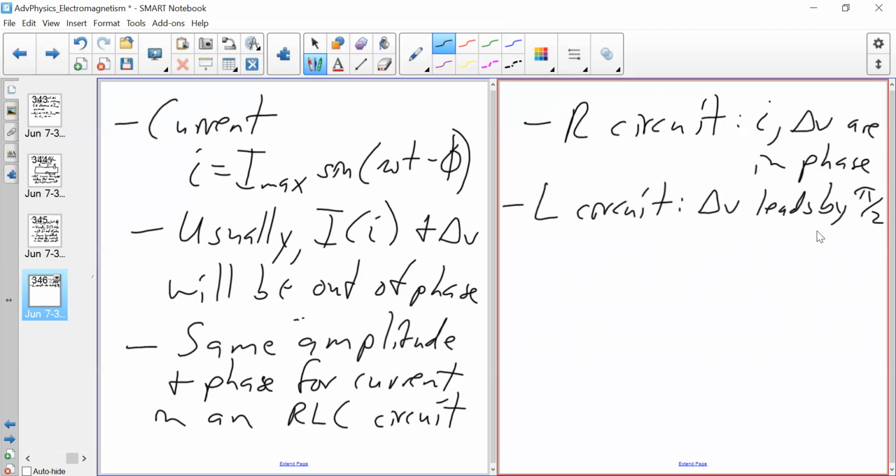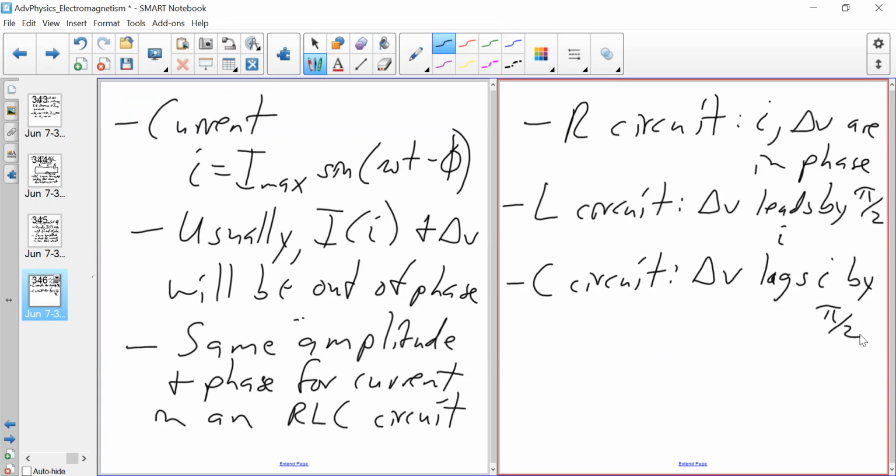It leads the current I by pi over 2. In the capacitor circuit, delta V lags I by pi over 2.